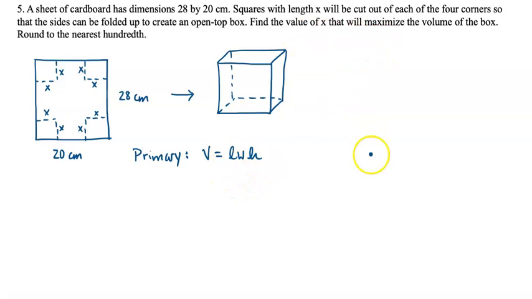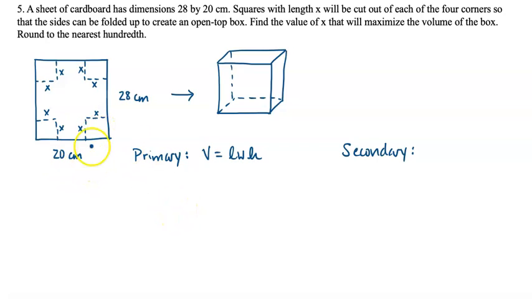Now, my secondary equation might be a little bit more complicated, because we're trying to describe this situation. So how do we describe that the volume of a box is going to be a piece of cardboard 20 by 28 minus all of these squares with length and width x?